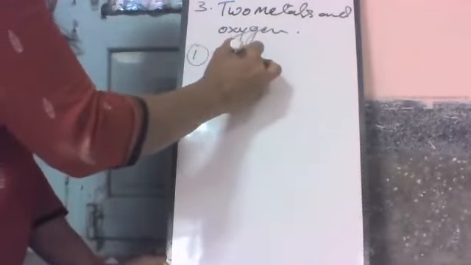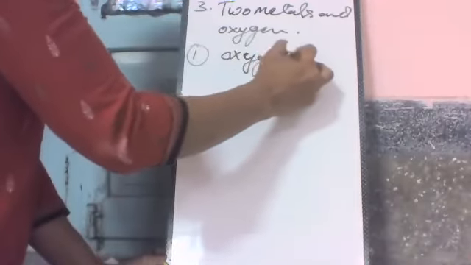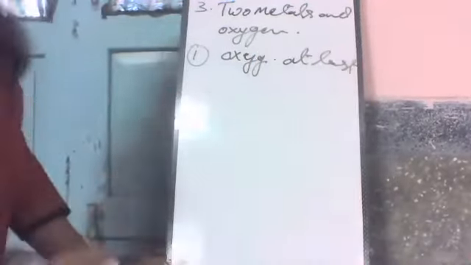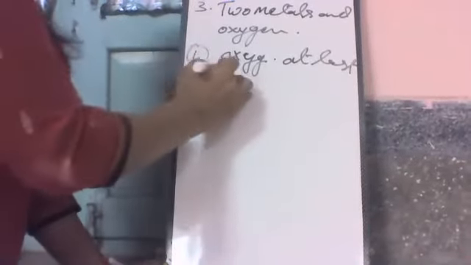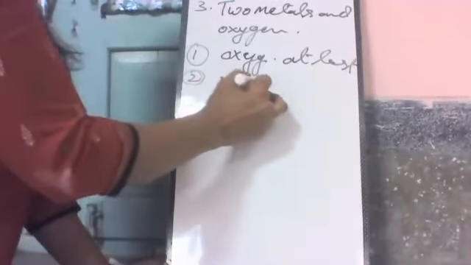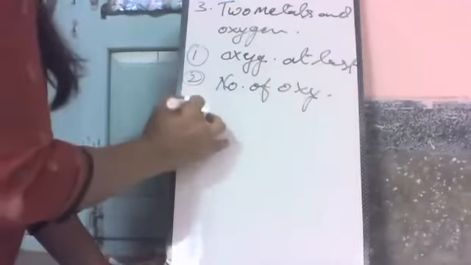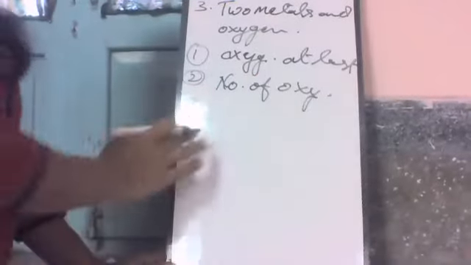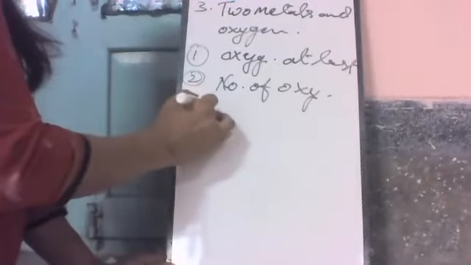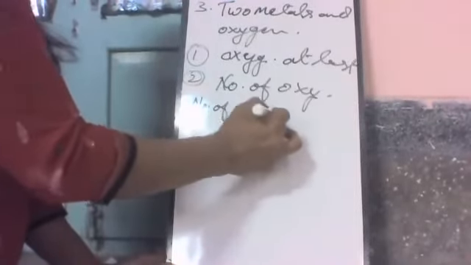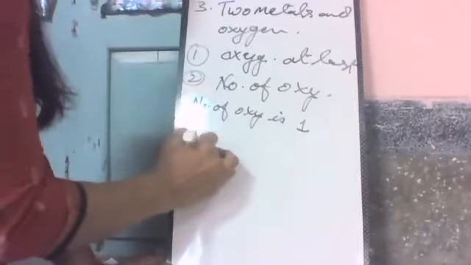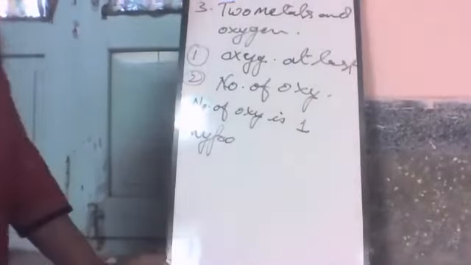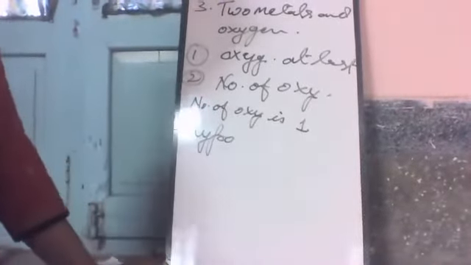We take oxygen at the last of the formula. Then the name of the compound depends on the number of oxygen. If the number of oxygen is 1, then the prefix hypo is used for this.